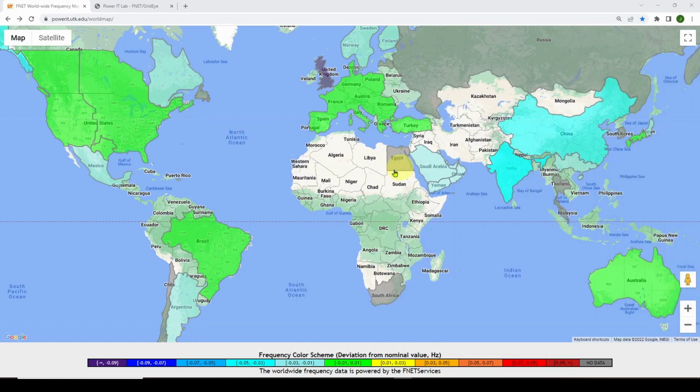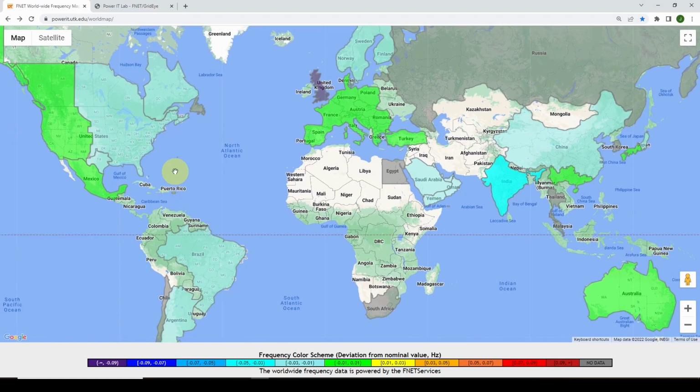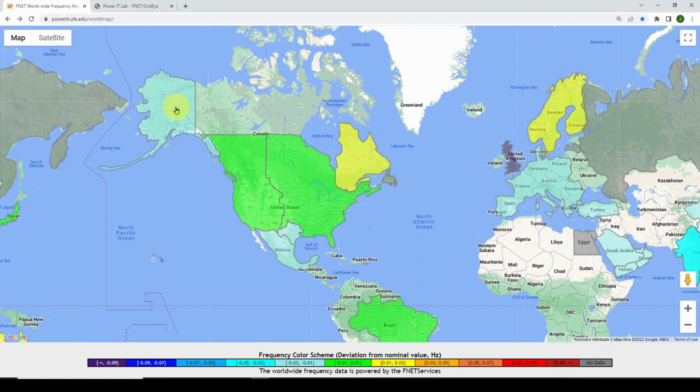Now, one thing I want to talk about is, you see these big blocks of color. Why do they have blocks of color? Why is, for example, the US has the eastern US, and it has the western US, and then it has Texas as another block, and then up in the province of Ontario, Canada is another block, and if you go over here you can see Alaska in the US is another block.